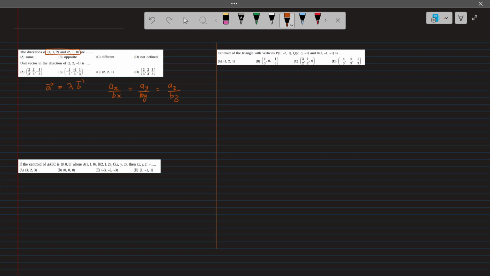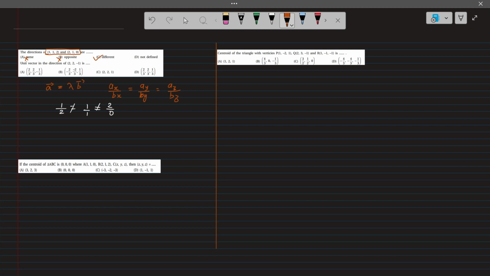Then they will have either the same or opposite direction. Here, taking the ratio of respective components, the ratios don't come out equal. So the options of same and opposite get cancelled out, and obviously they have different directions.